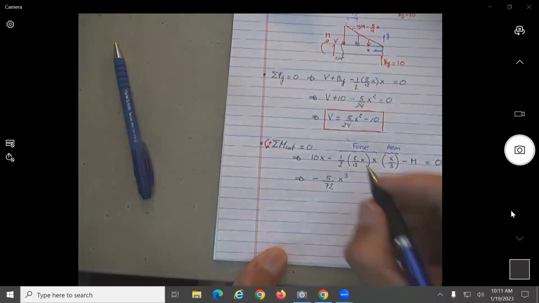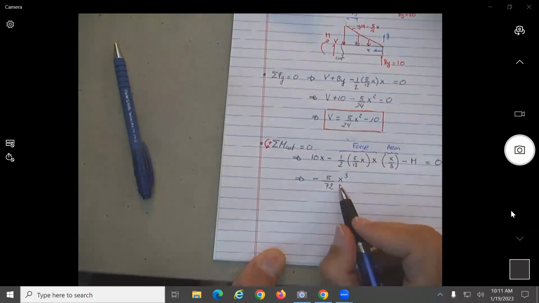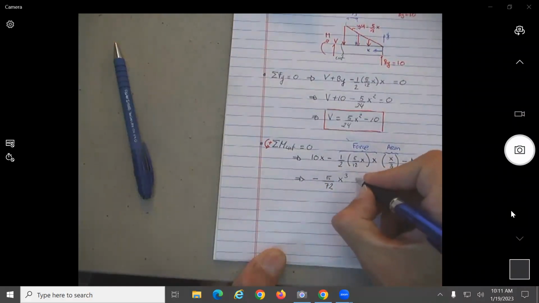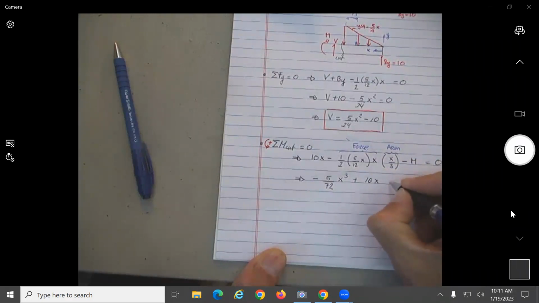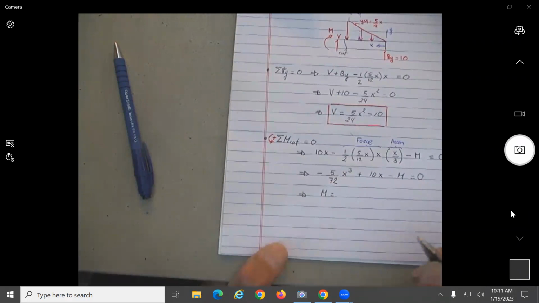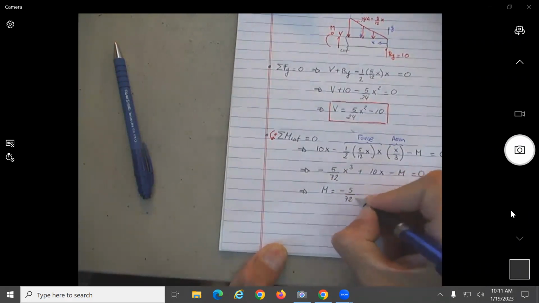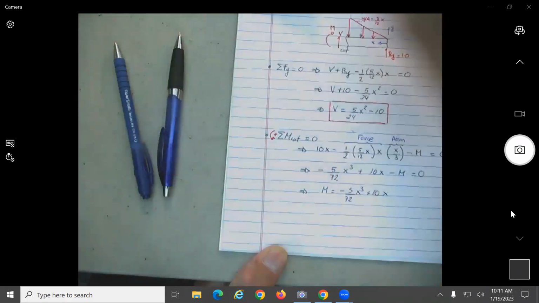Oops, I should have put the M, sorry. Okay, we have to write one more line, so it will be minus 5 over 72 x cubed, then we have plus 10x minus M equal to 0, or we can write down M equal to minus 5 over 72 x cubed plus 10x.